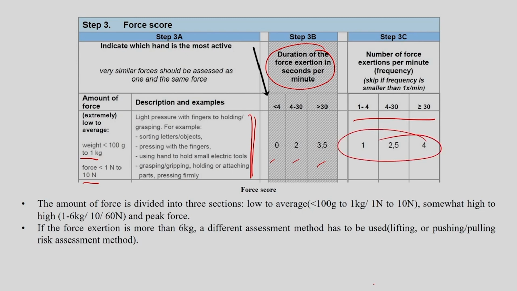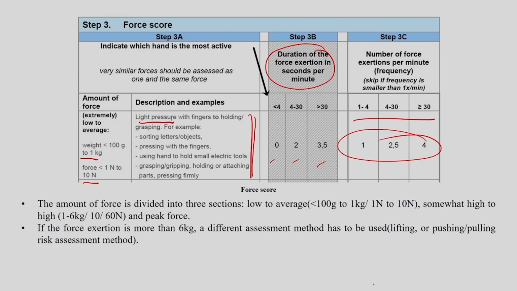The amount of force is divided into 3 major sections: low to average, that is 1 kg or 10 Newton; somewhat high to high, that is 1 kg to 6 kg, or 10 to 60 Newton; and the peak force. If the force exertion is more than 6 kg, a different assessment method has to be used, maybe for lifting, pushing, pulling.